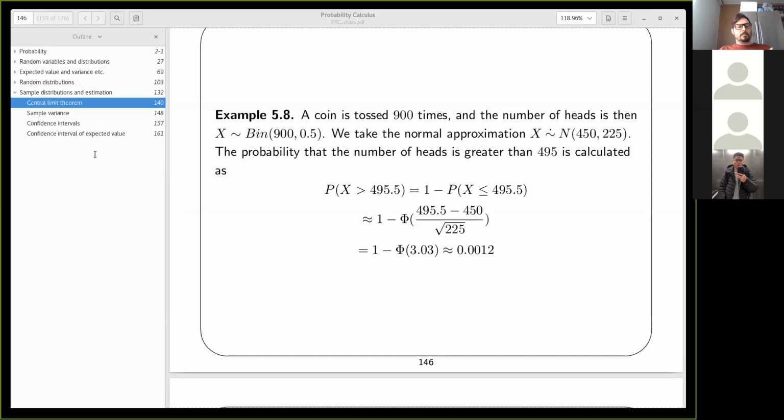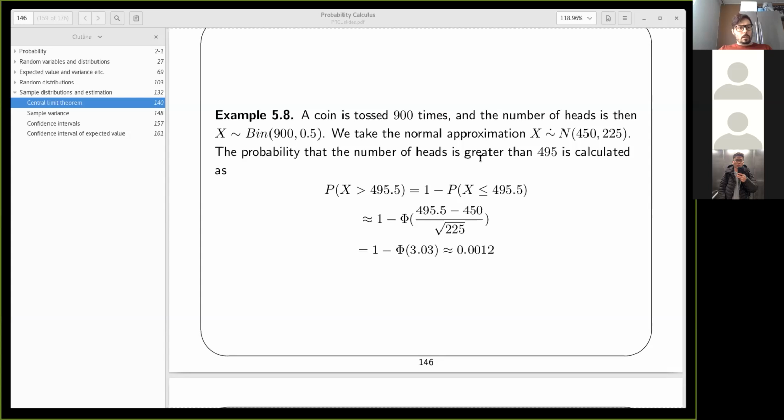So if we calculate it for this y, when we do the same calculation, we subtract the expected value, so y minus 450, and we divide by the square root of the variance.